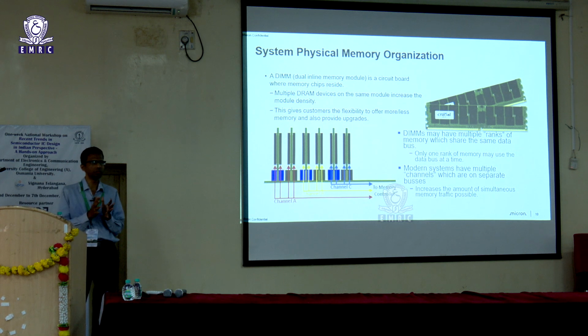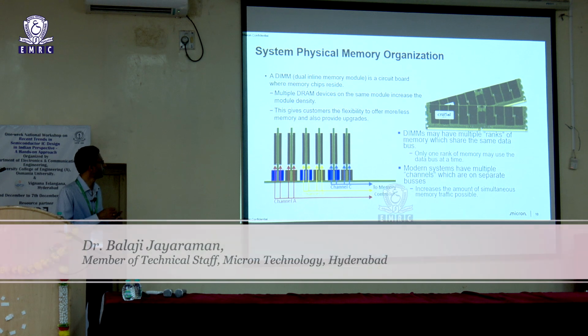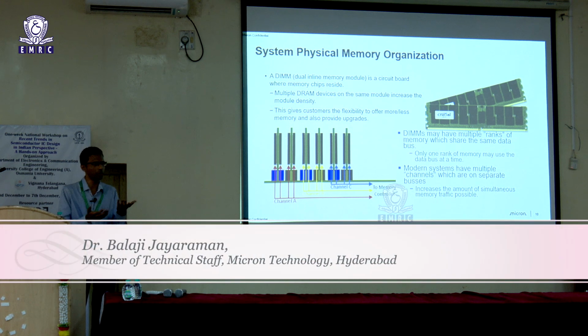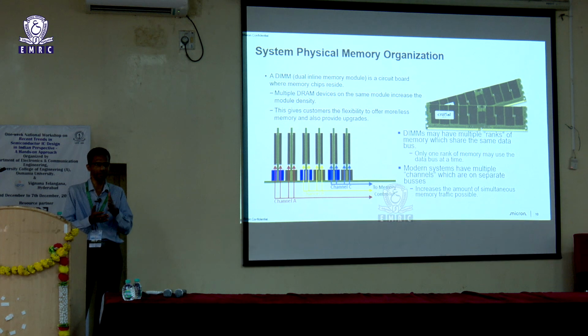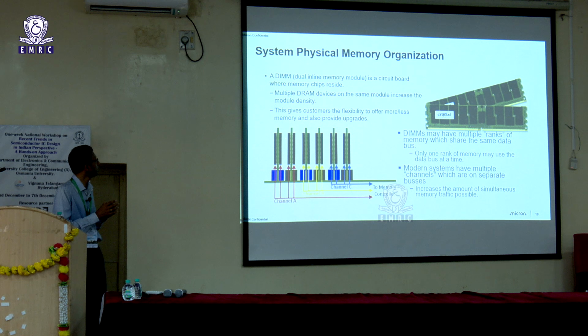So DRAM as a product is used in multiple domains. One such thing is the DIMM. This is what you would see in your laptop. If you break open your laptop or desktop for that matter, you will have DRAM DIMM modules. DIMM stands for dual inline memory module.